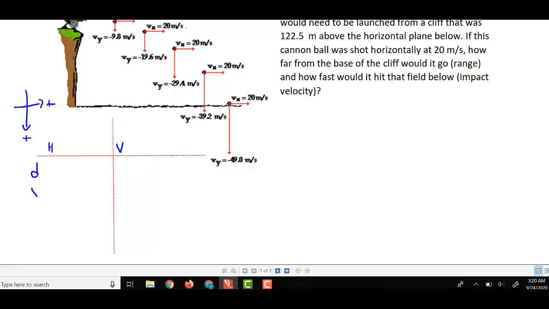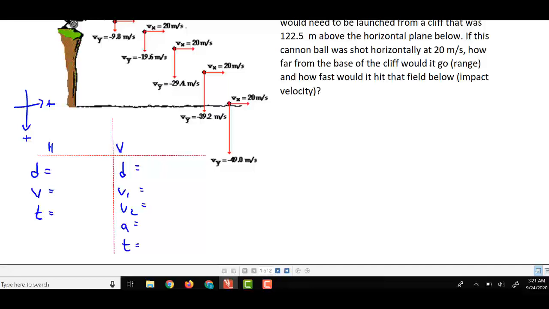Horizontally, we only have 3 pieces of information, in that our velocity is constant and there is no acceleration. So there's no V1 or V2, just our horizontal displacement. Our vertical displacement is on the other side. Okay, so we'll split up that information over here.